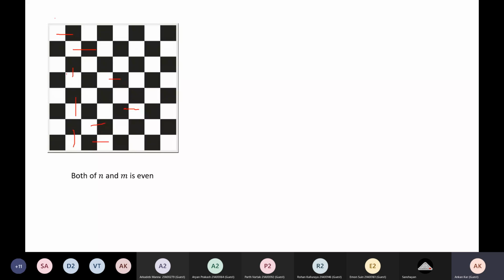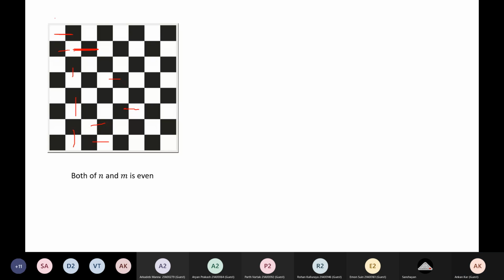If you are getting an even number of cells in each column, then you can totally shift the case, putting this domino here and this domino here. You can totally shift it to here.